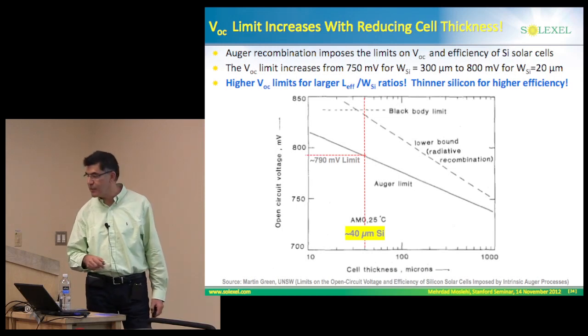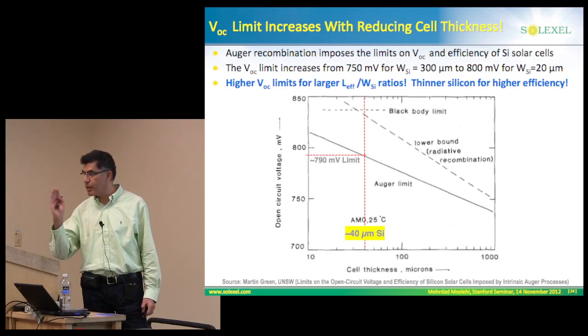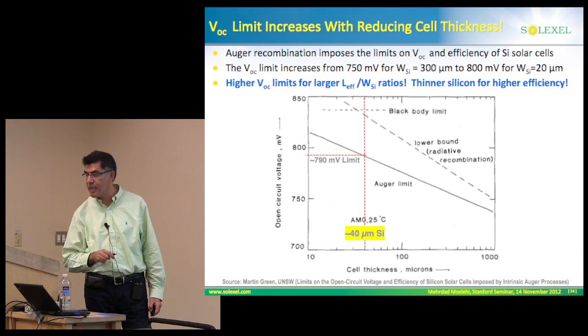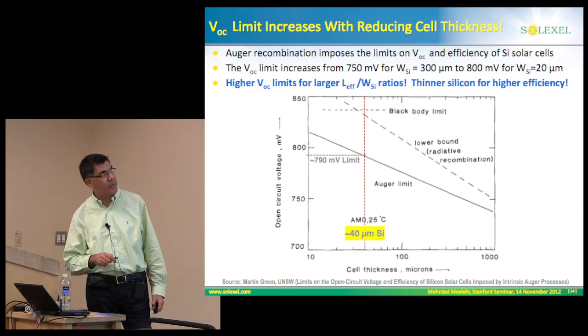In the case of Solexel, we operate with about a 40 micron absorber, so that gives us a theoretical limit of 790 millivolts. It's actually much higher than, let's say, a typical 200 micron cell's theoretical limit.